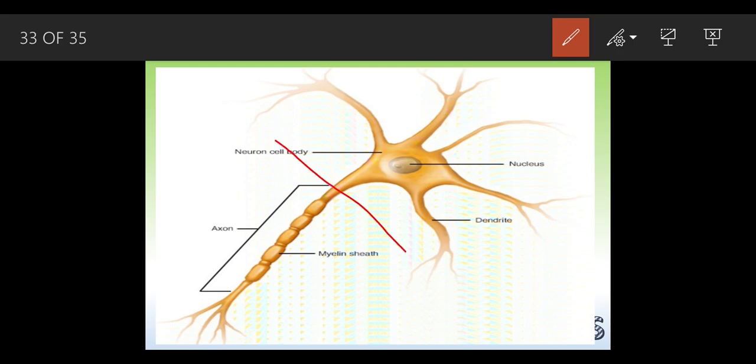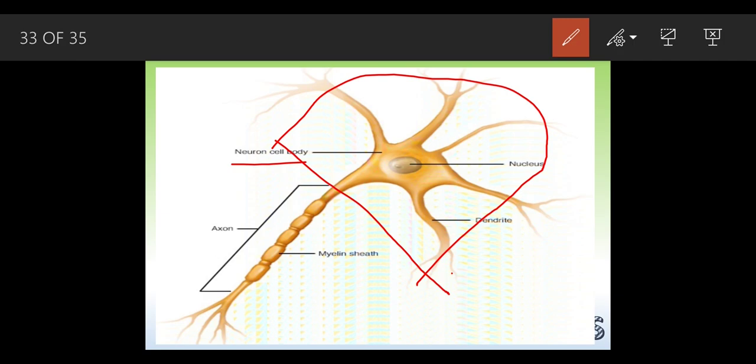This part, okay, only this part which I marked, the head part is called the neuron cell body, or it has been called as the cyton also.